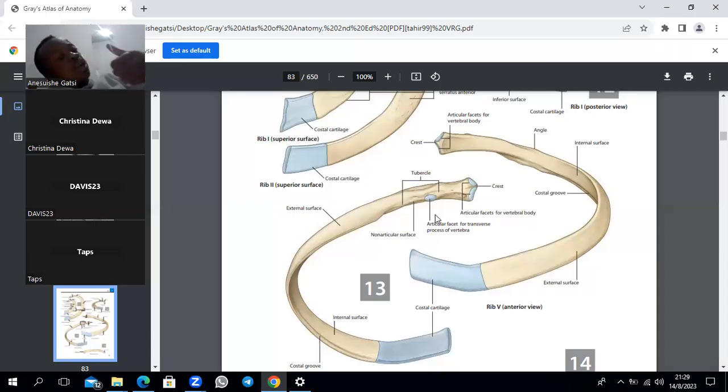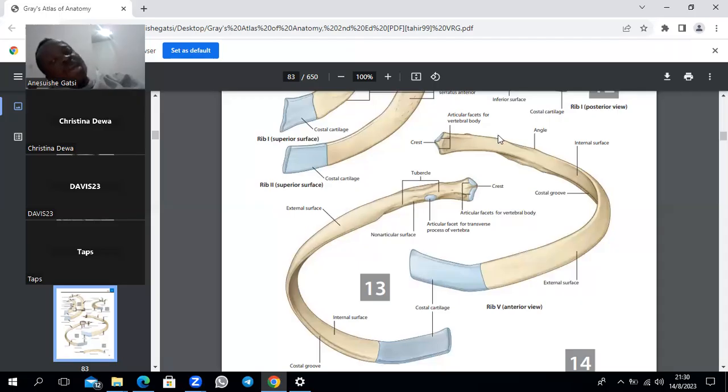Because it's a joint between the tubercle of the rib and the transverse process of your vertebra. The proper anatomical name for that joint is costotransverse joint. Costal means rib, right? So all those three joints, they are synovial joints, right?